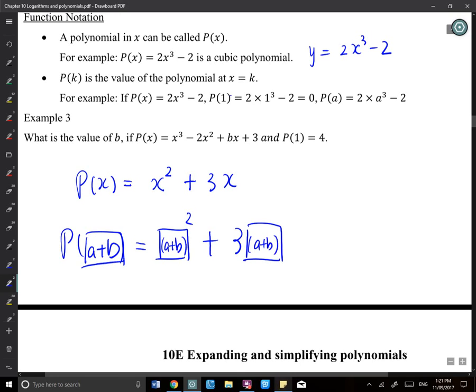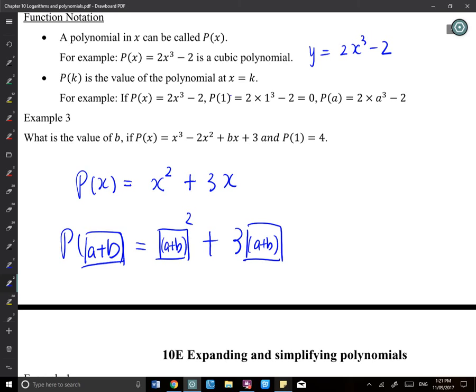You put a plus b into the function instead of x, so each x will become the thing in the bracket. That's how you do the substitution.